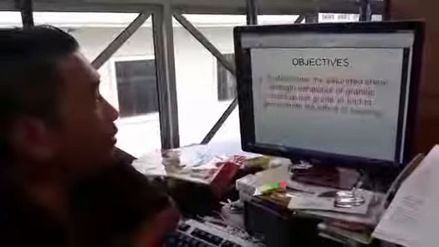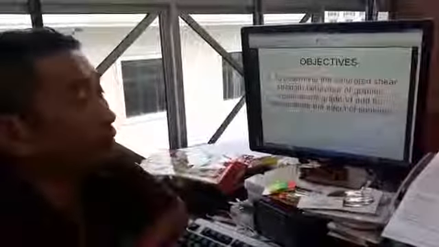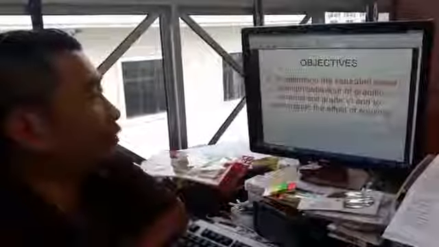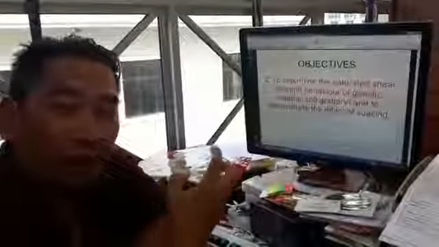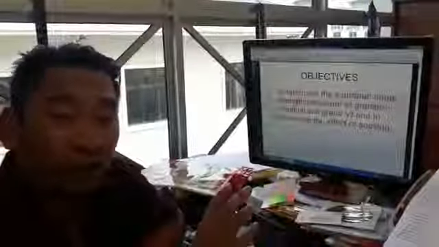My topic is the determination of the simulated shear strength behavior of granitic residual soil type 6, and to demonstrate the effect of soaking. We test two conditions. Number one is soil from Cameron Highlands, tested fully saturated. This is the practice by practitioners and engineers in Malaysia.